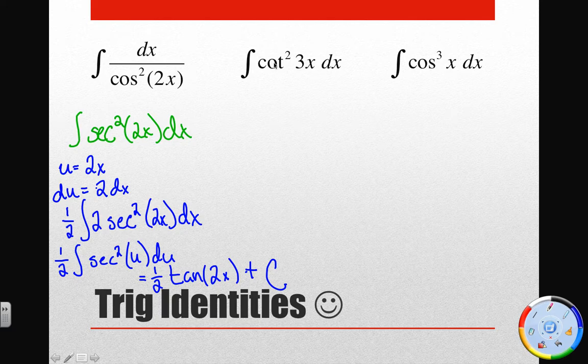All right, well, what about cotangent squared? Again, I don't have an antiderivative for cotangent squared. But I do have something with cosecant, so it might be helpful to use a Pythagorean identity here. Cotangent squared of 3x is going to be cosecant squared of 3x minus 1 dx.